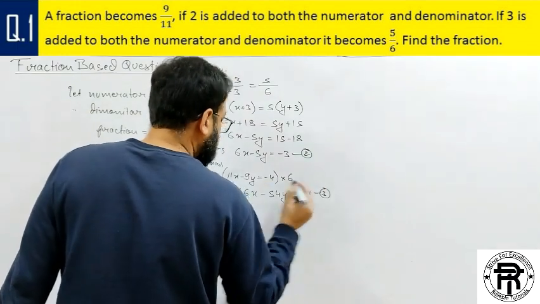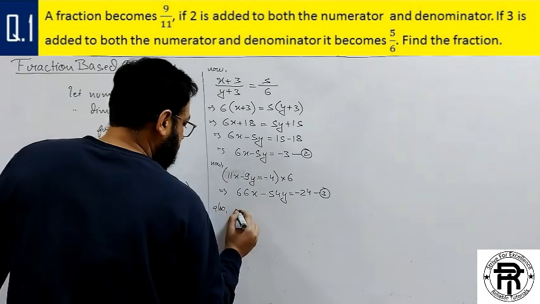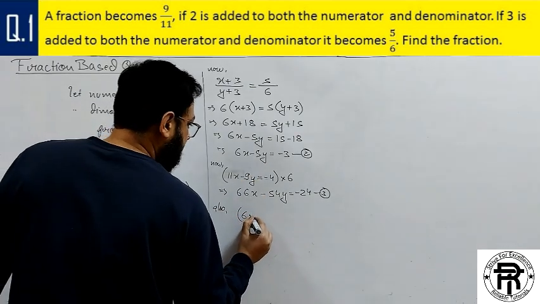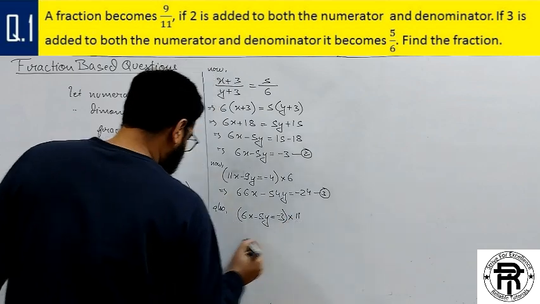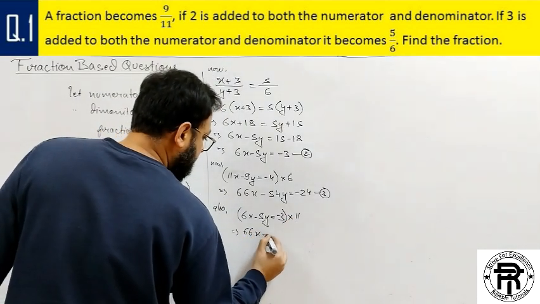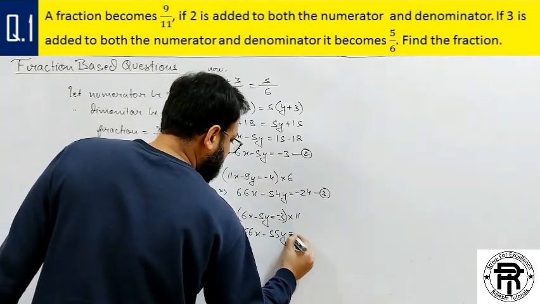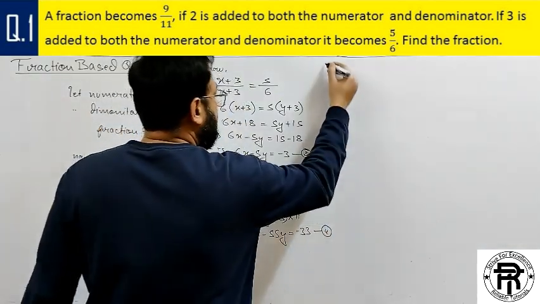That becomes your third equation. And also the second equation, 6x minus 5y is equal to minus 3, multiplied by how much? Multiplied by 11. This 11, the coefficient of x. That is 66x minus 55y is equal to minus 33. That becomes your equation number 4.